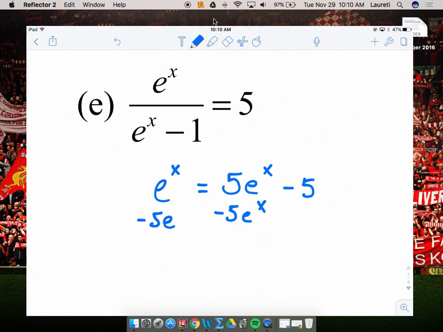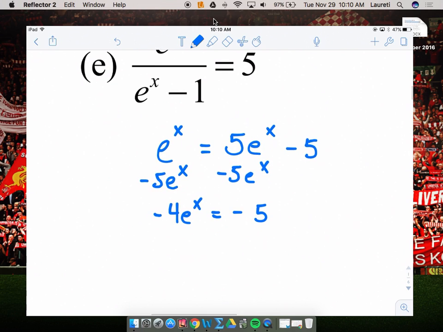Yep. So both of these are common terms, right? Here you have 1e to the x. Here you have 5e to the x. They're just like variables. You can put them together, right? So you have negative 4e to the x is equal to negative 5. Divide by the negative 4, right?